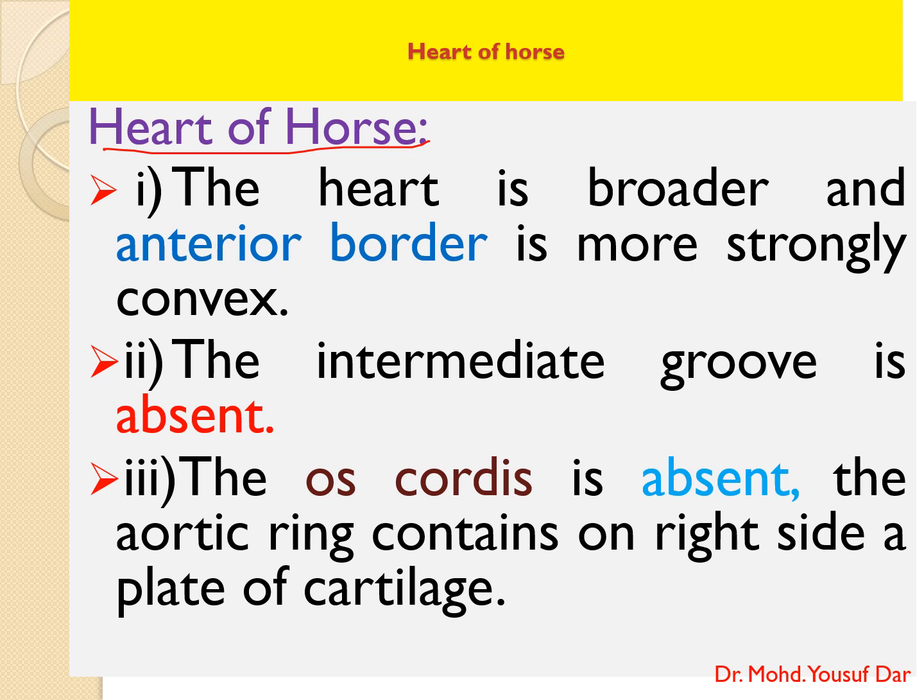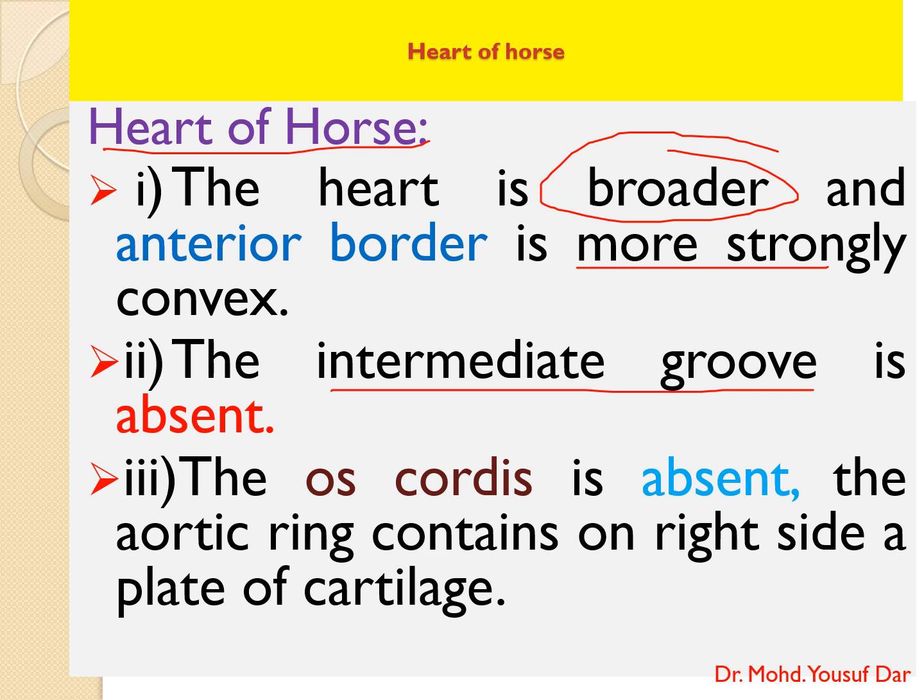In the case of the horse, the heart is broader and the anterior border is more strongly convex as compared to that of the cattle. The intermediate groove, which is present in cattle on the left ventricle, is absent in the horse.